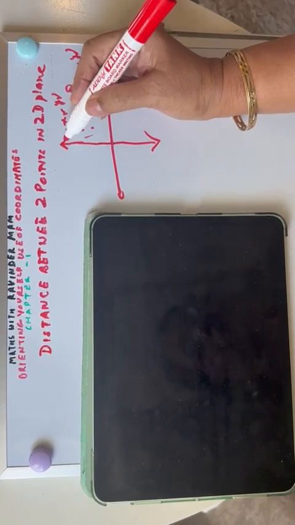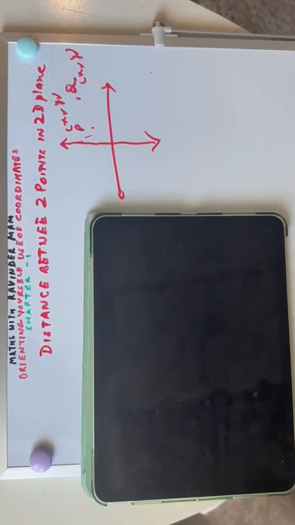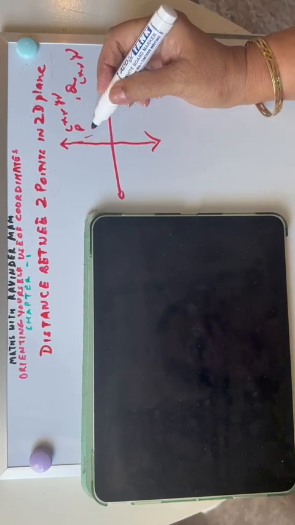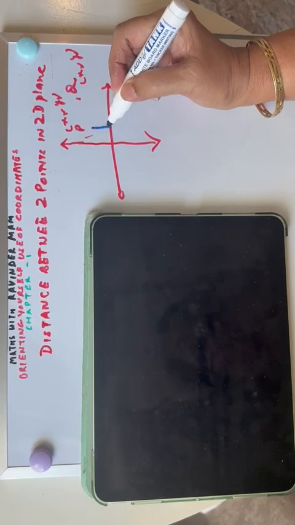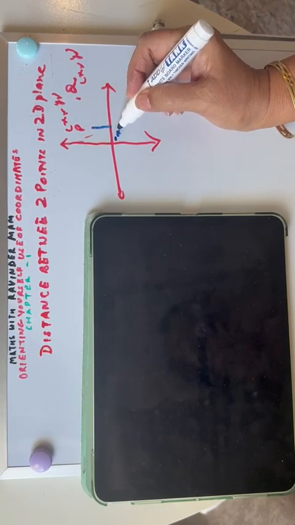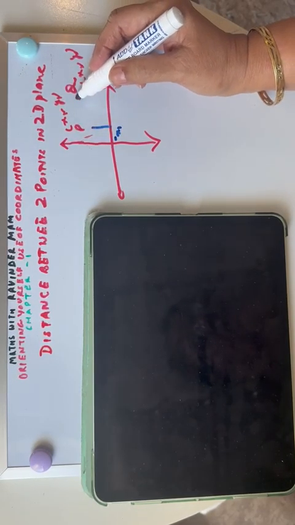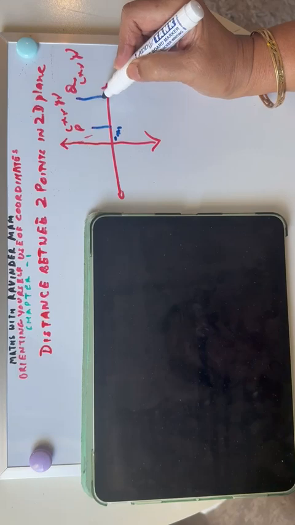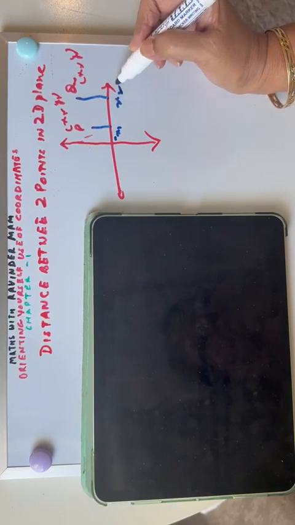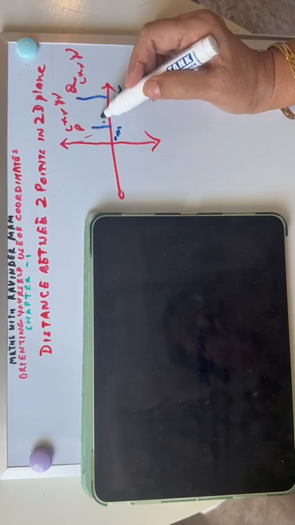I'm showing you with a different color. Let me take this blue pen. P corresponds to this point. This distance is x1 and this distance is x2. But our question is not to find this.